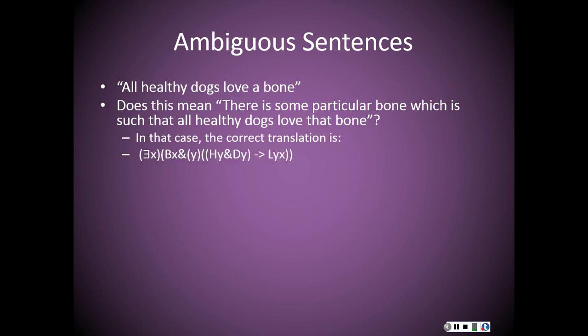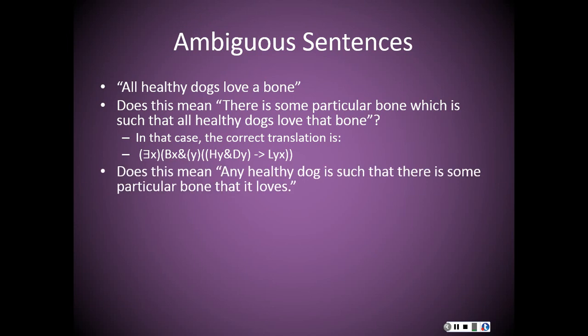That is, it could be taken to mean there is some x such that x is a bone, and for any y, if y is healthy and y is a dog, then y loves x. So on this interpretation, the original sentence says there's some bone somewhere, some particular one bone, that is such that every dog in the universe loves that particular bone. I don't think this is the most natural interpretation of this sentence, but it is a possible interpretation.